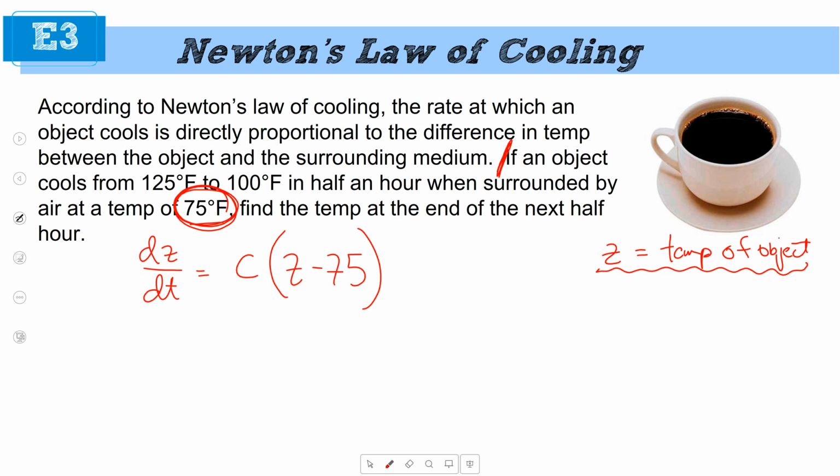Go from there. Eric also helped out when he suggested that other problem, because this is similar to the one that we did with the y plus 3, right? So this would be 1 divided by z minus 75, dz, is equal to c dt. And again, I would leave the constant on the right-hand side.